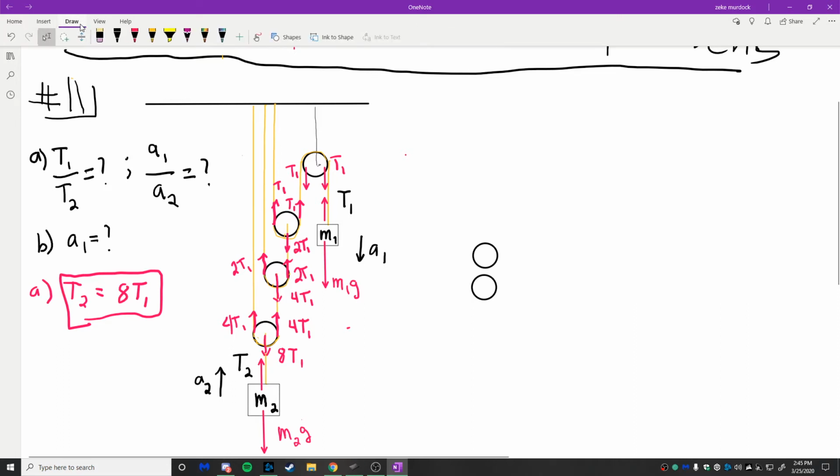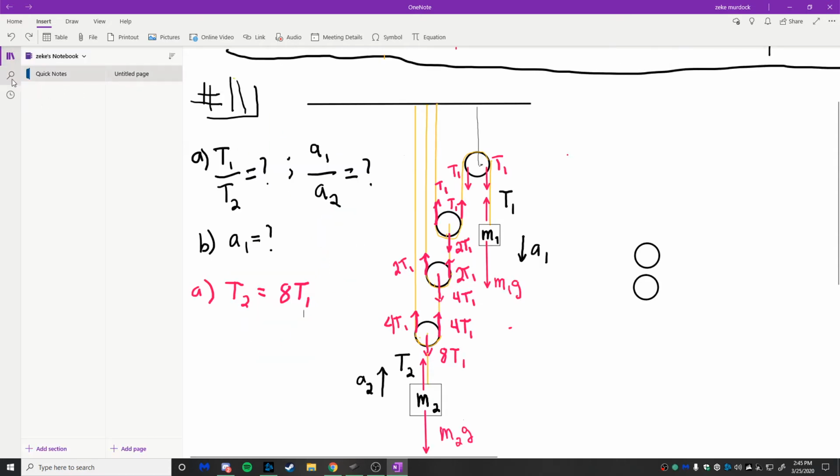Yep, that's what I was thinking. Let's see. View, insert. Oh, just like Control A, copy.